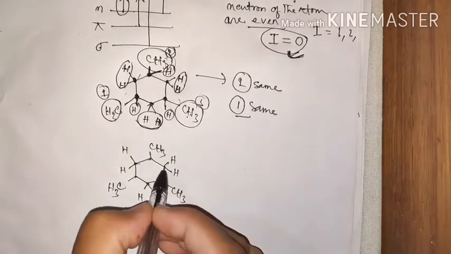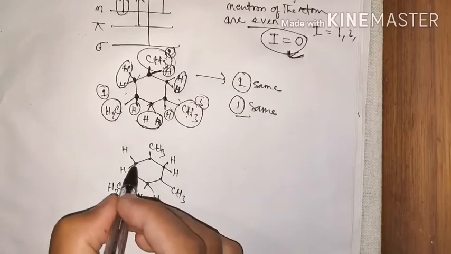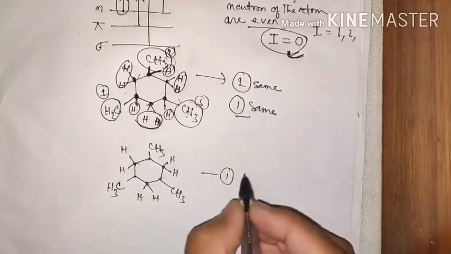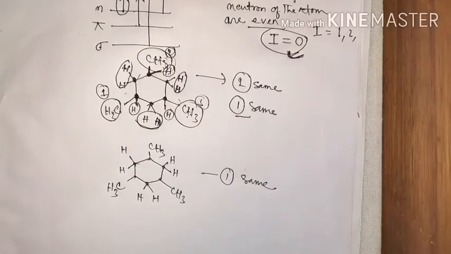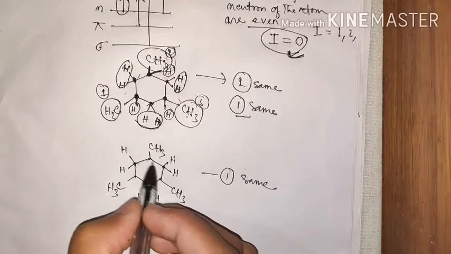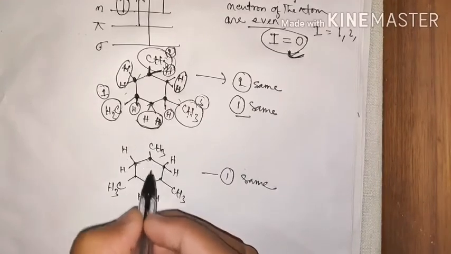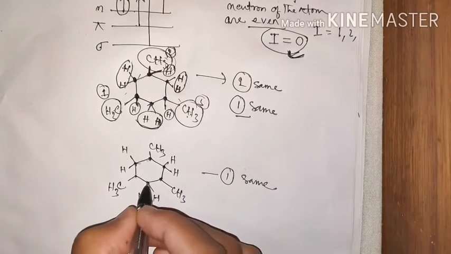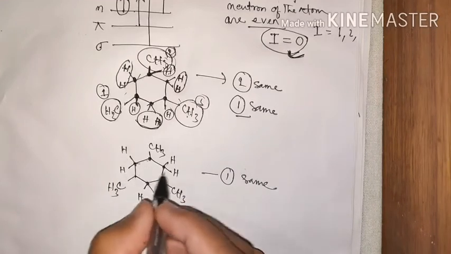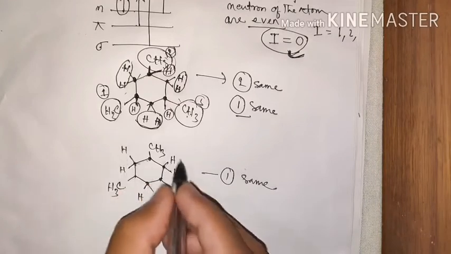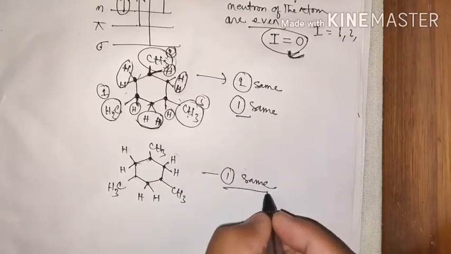Each of these carbons will have two hydrogens, so this hydrogen will also give only one signal. Why? Because this hydrogen is separated from this hydrogen by how much carbon? One carbon. And similarly the distance is the same, no? So they are in the same chemical environment, so all these hydrogens will give a single signal.